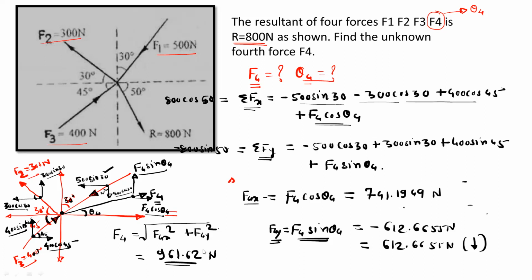And what is the quadrant of the force F4? We can decide the quadrant by using the sign of x component and sign of the y component. F4x is positive, that means it is directed towards positive x direction. F4y is negative, it is directed towards the negative y direction. So actually F4 force will lie in the fourth quadrant.